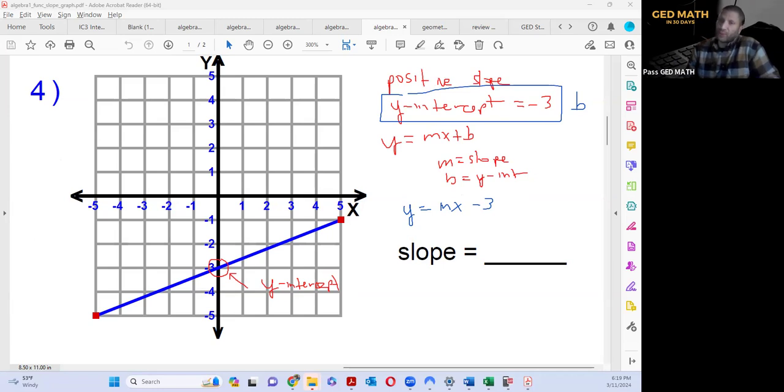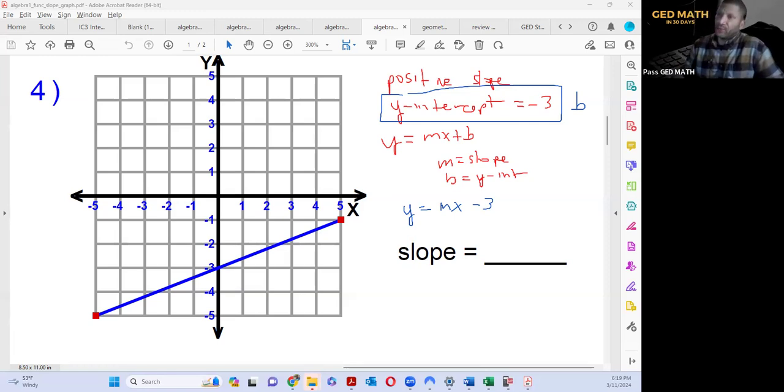The next thing we want to do is find out what the slope is. When they want to know the equation of a line, you have to get two things from this graph: the slope and the y-intercept.